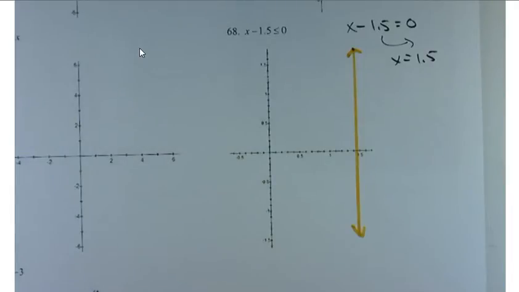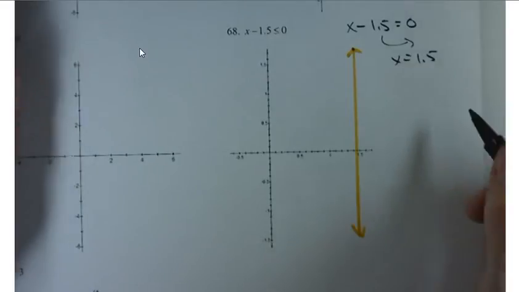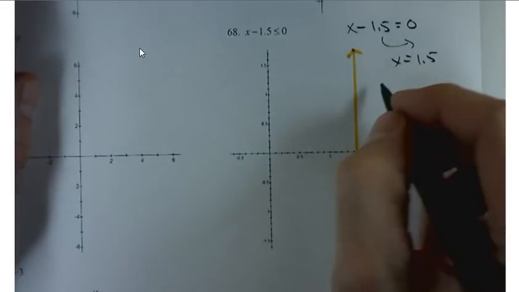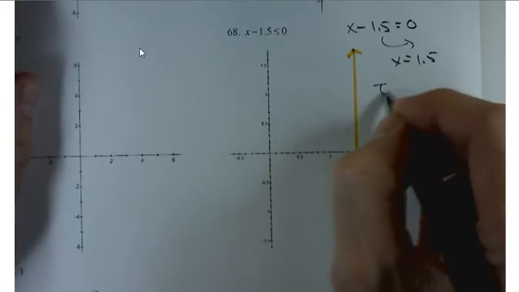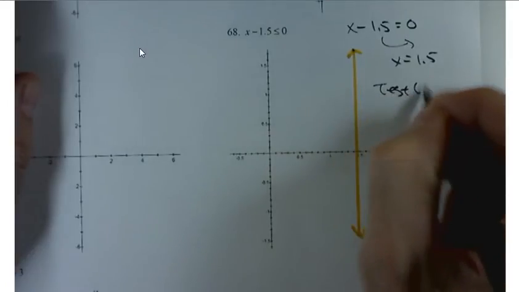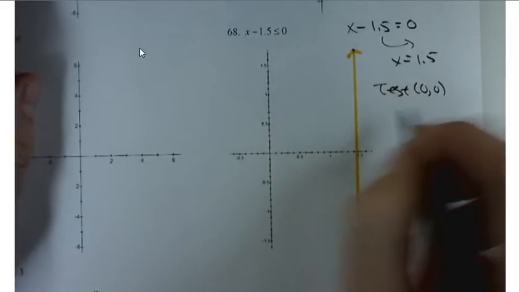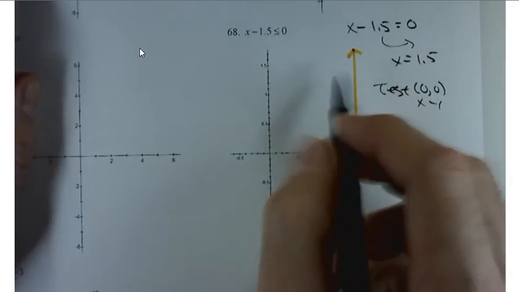So there at 1.5. Can I still use 0, 0 as my test point? Sure. So let's test 0, 0. Now, there's really only one place to plug in for x, right?